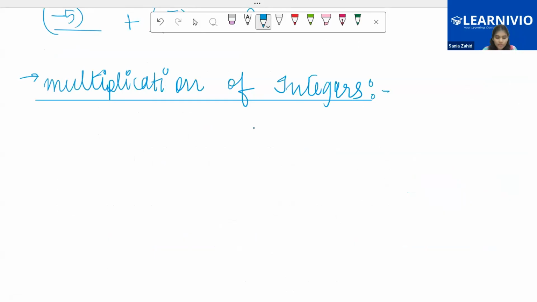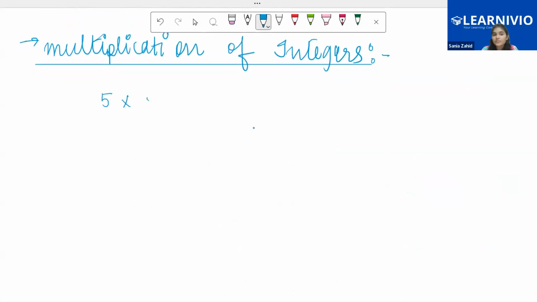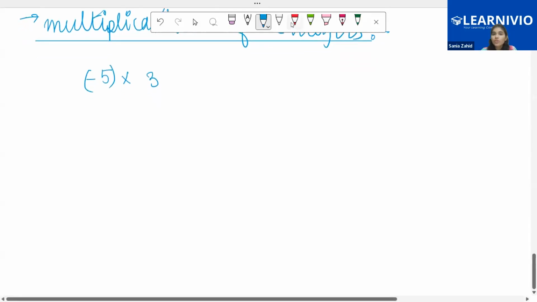One very easy way of multiplying integers is, for example, 5 multiplied with 3, or negative 5 multiplied with 3. So how do you get negative 5 multiplied by 3? First of all, you draw a number line.